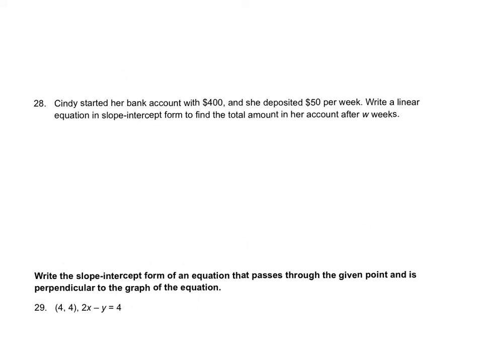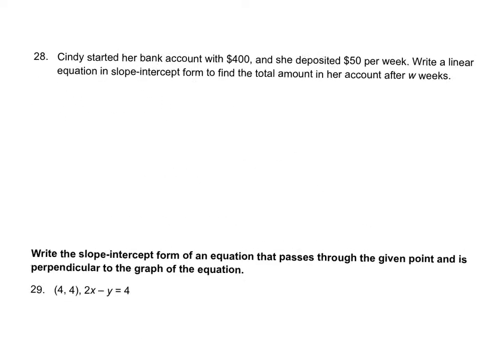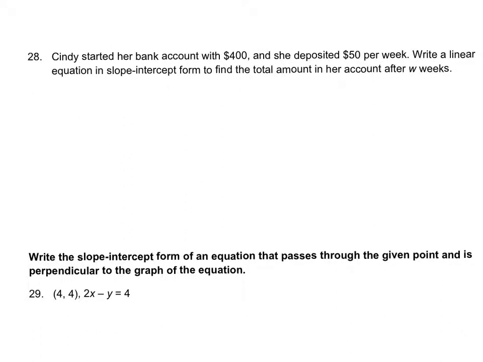Last page. All right, guys, 3 more questions. Cindy started her bank account with $400. She deposited $50 per week. Remember, when you see stuff like per week or per hour, that is the same as saying 50x, because every x is multiplied by 50, and that's how much money.